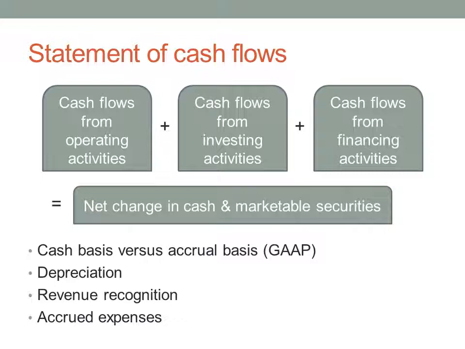Investing, the things that go in there are dealing with when we make an investment in a building or a machine or some fixed asset like that, or when we sell those things and create cash flow. When we buy them, cash goes out, or we sell them and cash comes in. Cash flow from financing activities deals with when we raise additional money or we pay back money. So we either raise money by issuing stock or issuing debt, or we pay back our debt, or we buy back stock. That's the only time that's affected.